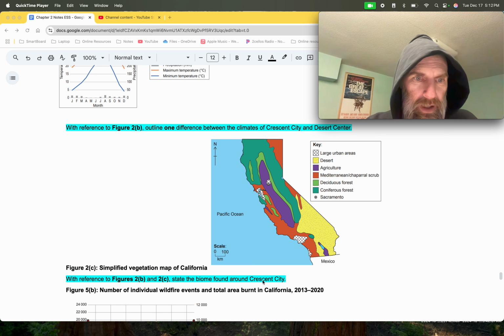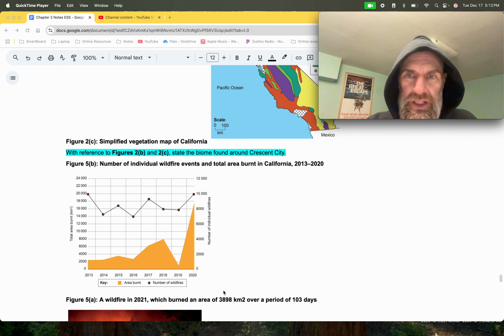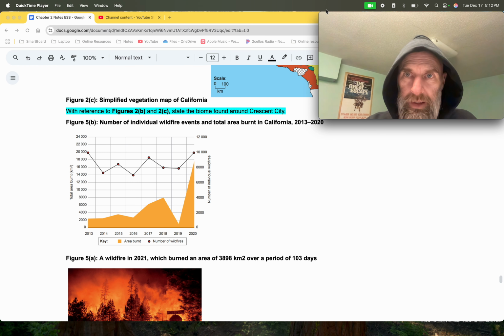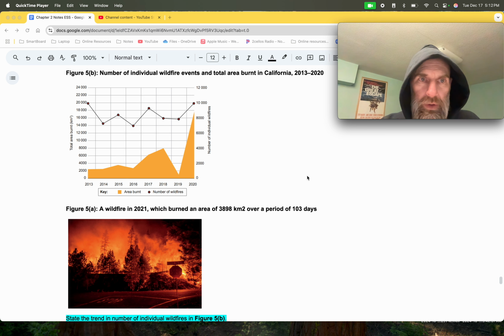Yep. All right. Figure 5B, number of individual wildfire events and total area burnt in California, 2013 to 2020. Let me get that a little bit smaller there too. So, number of individual wildfire events and total area burnt. So, area burnt, low, really low.